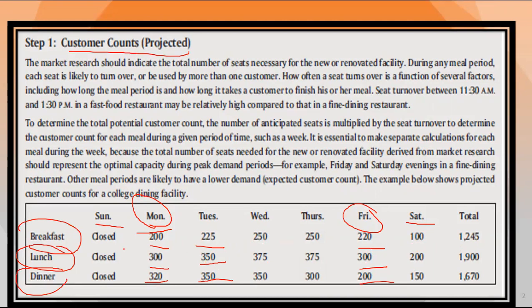Once you have the projection of the customer counts, just total by adding all of the figures that you have put. From Monday to Saturday based on this example, or it depends upon what day you will close your restaurant, or if you do not have any closure for the week, it's okay.